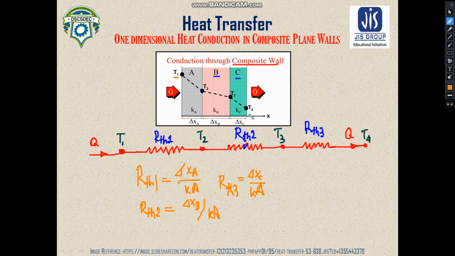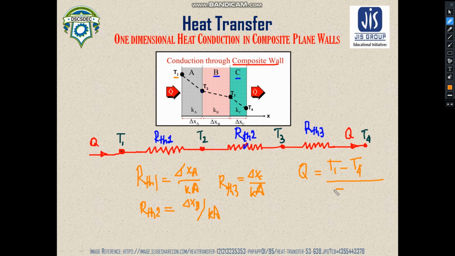So how can we find the rate of heat transfer in terms of this leftmost temperature T1 and rightmost temperature T4? We can simply write that Q is equal to the difference of temperature by the sum of thermal resistance.